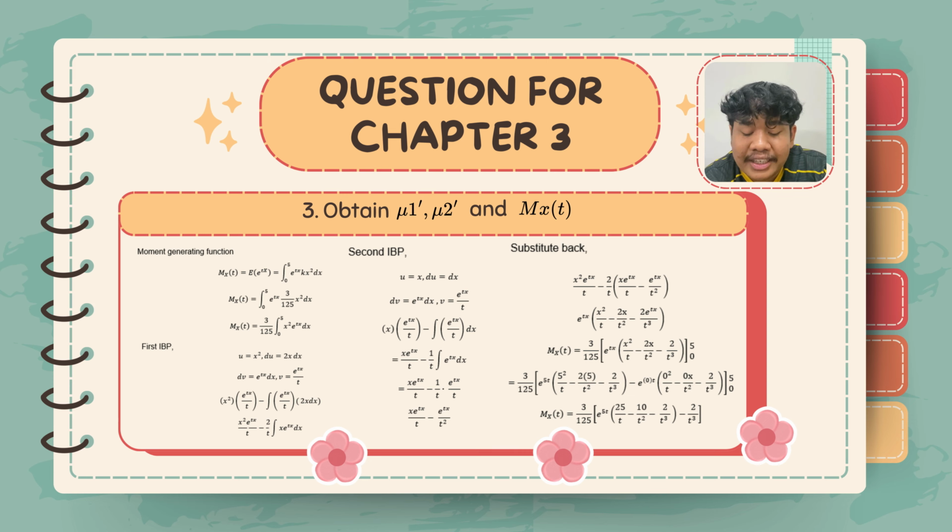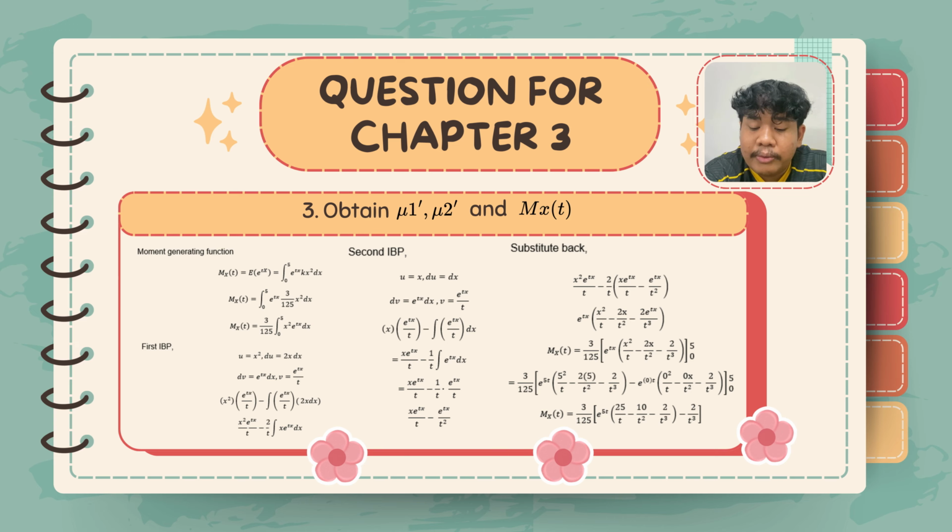And then we integrate the right hand side, we will get x e to the power of tx. And then after we get this, we need to use the second integration by parts. So it will get u equal to x, du equal to dx. For the dv, it will equal to e to the power of tx dx, v equal to e to the power of tx over t.